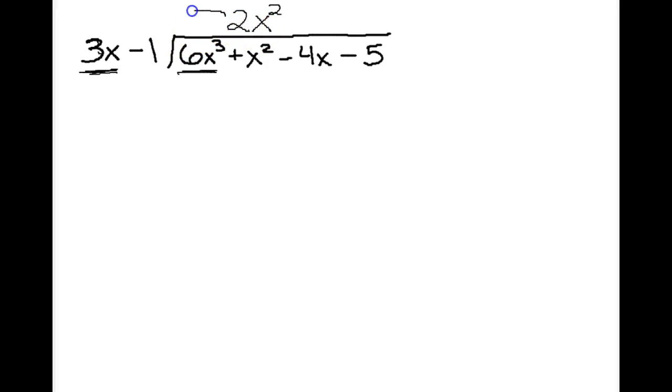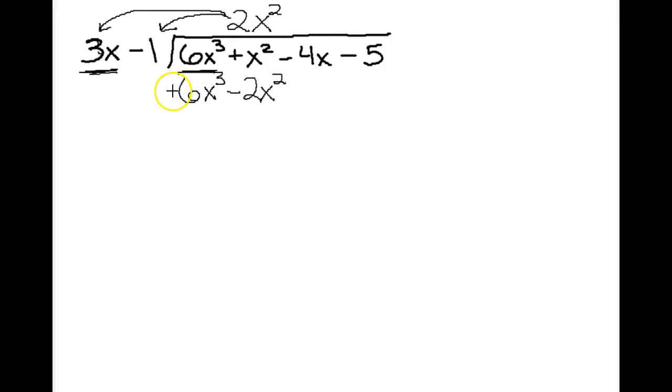Now, we are going to multiply that back into both of these terms. So x squared times 3x is 3x cubed minus x squared times 1 is just x squared.